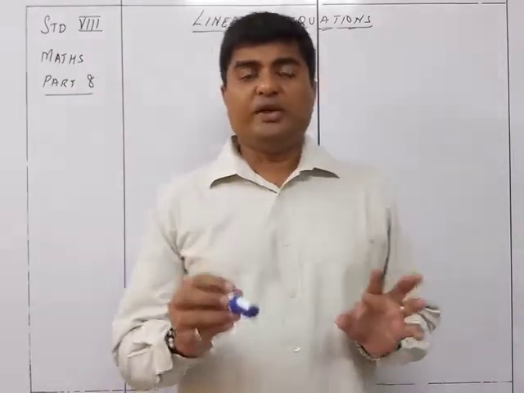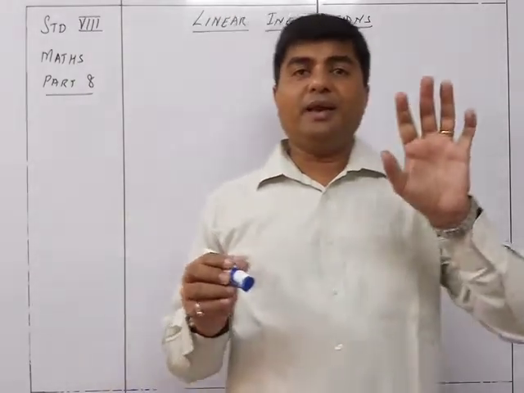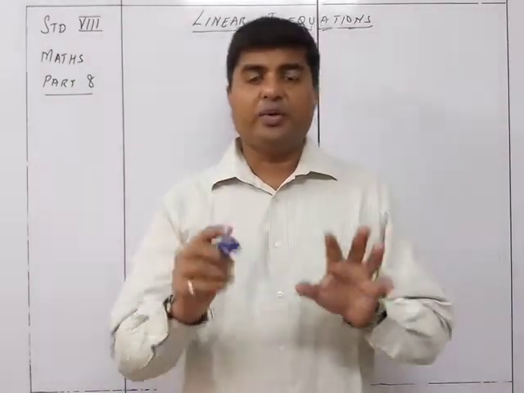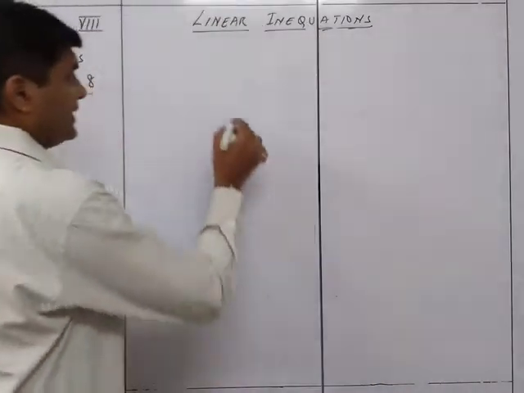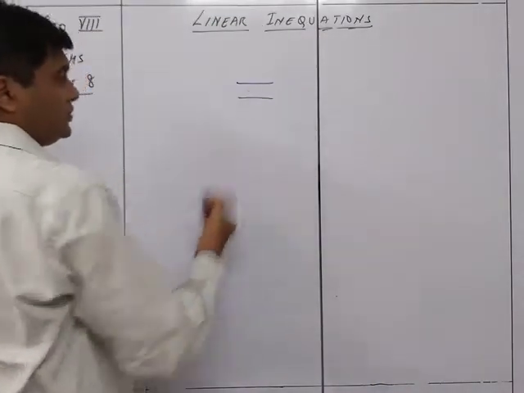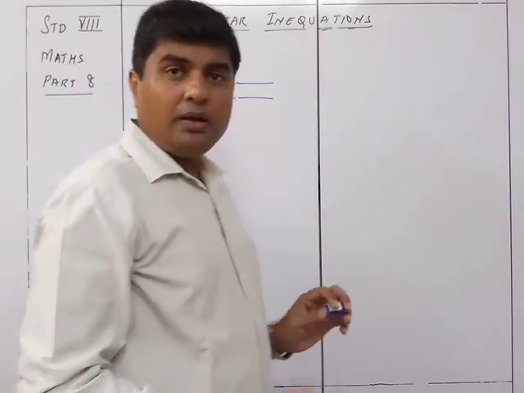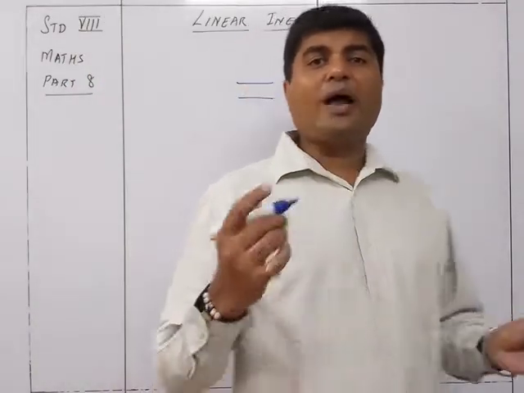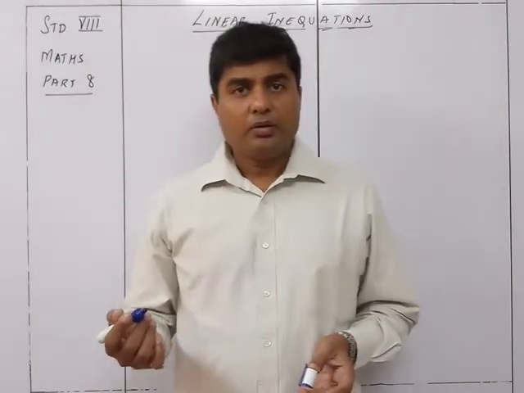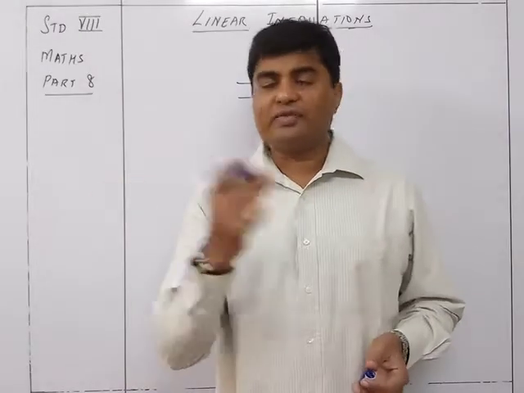In case of an equation, the left hand side and right hand side of the equation is going to be connected by the equal to sign. That means you are going to have only one value of the variable. X is equal to 5, x is equal to 3, x is equal to 4.